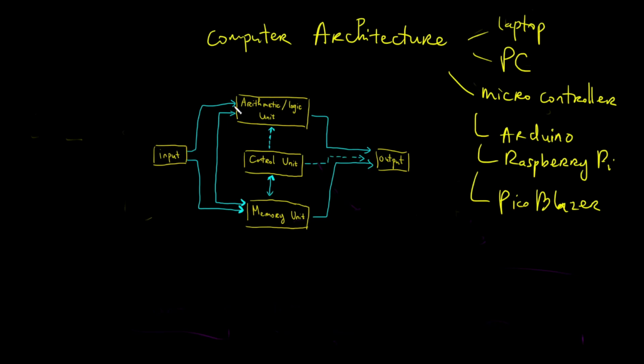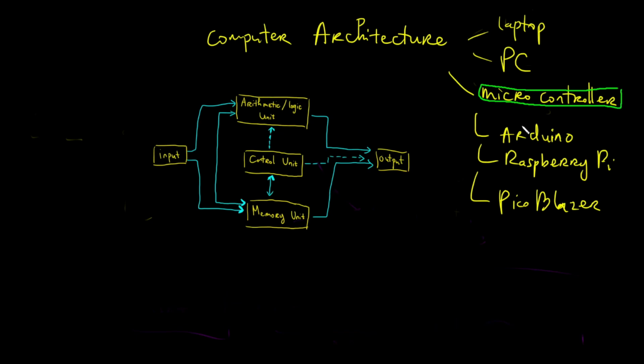So in general, this is the computer architecture that I just showed you guys. This is a very popular computer architecture used mostly by laptops and PCs, and I think this will be new to you guys: microcontrollers also use this type of computer architecture.